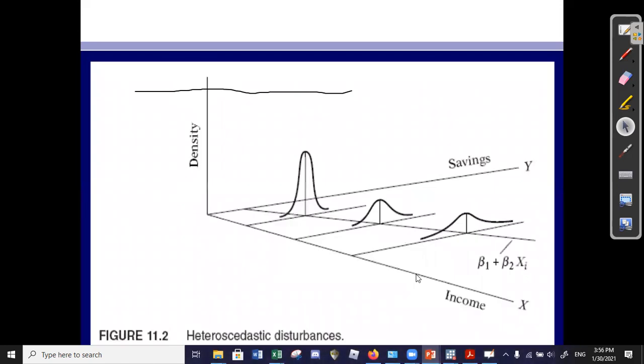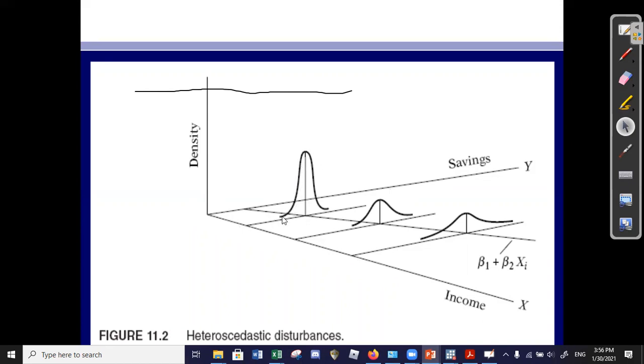But violation of this assumption that we call heteroscedasticity says that no, as income increases, the variations in savings, which is represented by variance, would also increase, which makes sense because at lower levels of income, people would have differences in their saving pattern, but because of the lower level of income, they would not be able to save that much.